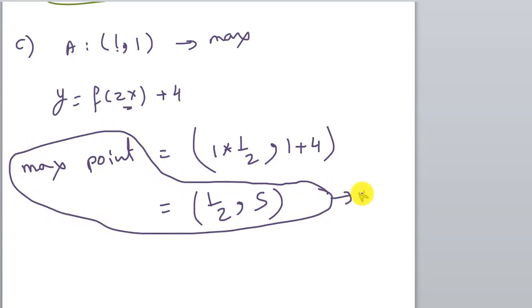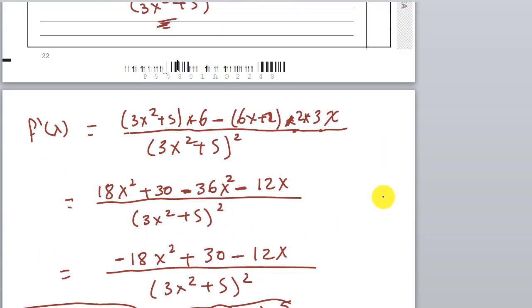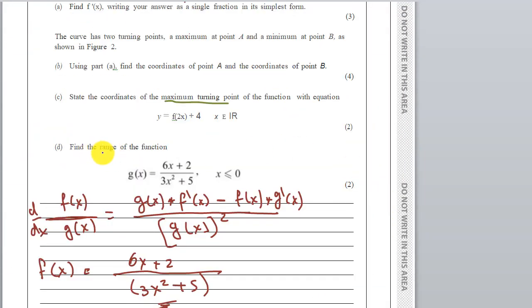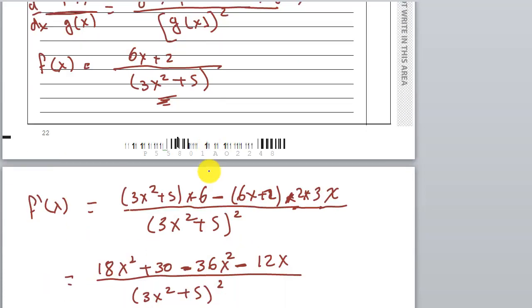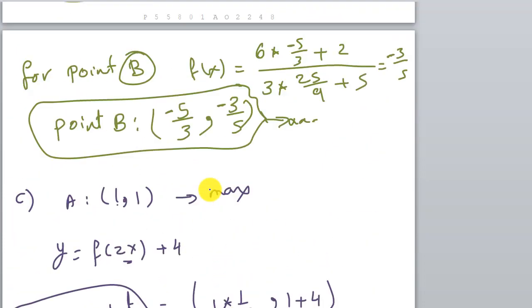Okay. Again, the last one. Find the range of the function g of x equal to 6x plus 2 divided by 3x squared plus 5. So we need the range. This is part D. The range y is bigger than or equal to what?